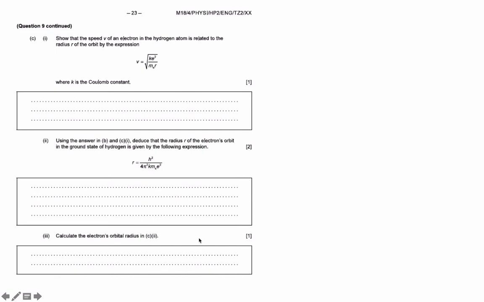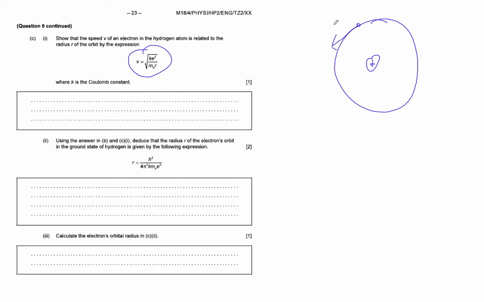What's kind of cool is that you can actually derive the radius of the hydrogen atom using high school physics. So show that the speed, well, if it's in orbit, let's imagine we've got an electron going in an orbit like that.